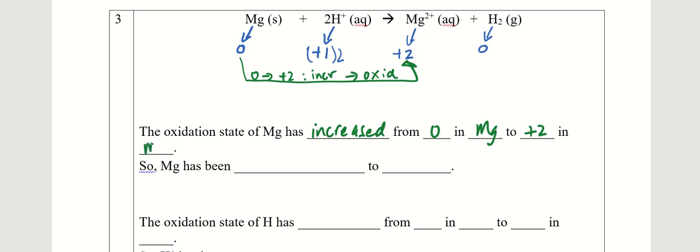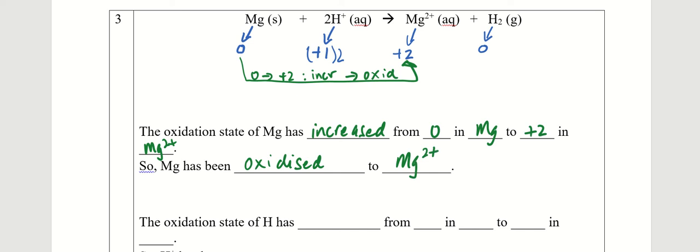Where was this +2? In Mg2 plus. So we say that since the oxidation state has increased, magnesium has been oxidized to magnesium 2 plus. Okay.